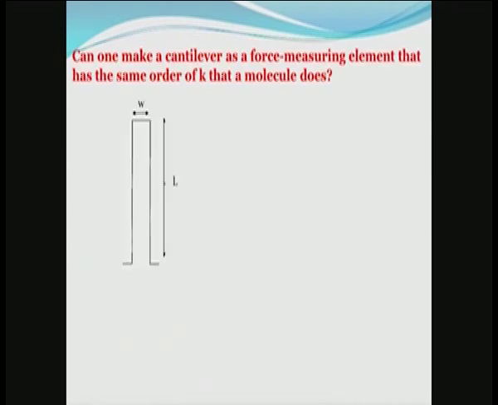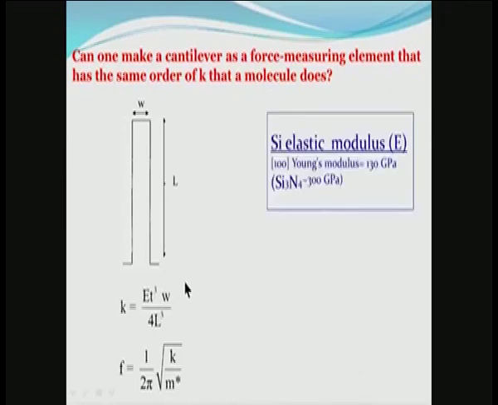What are shown here are standard results from the calculation of vibrating frequency of cantilevers. If you have a cantilever whose length is L, width is W and thickness is T, then the k value is given by this well known equation where E is the Young's modulus. So, let us consider silicon.